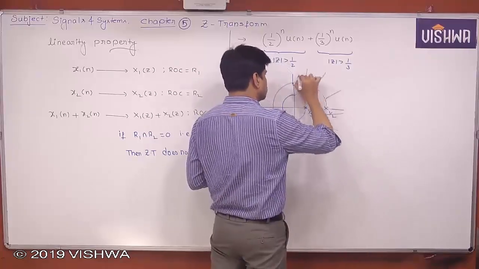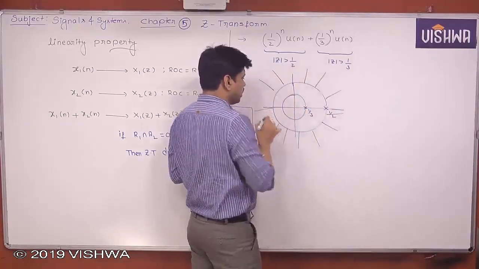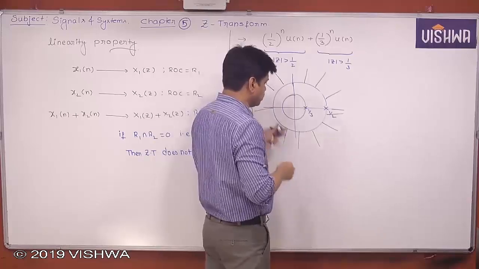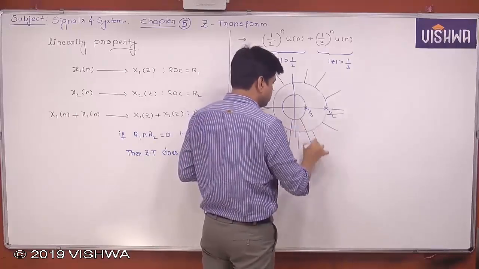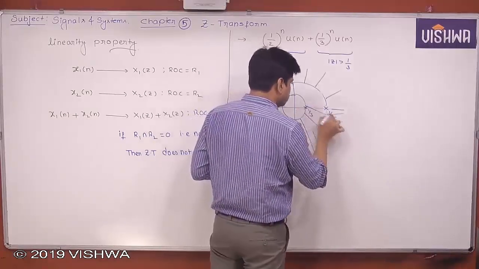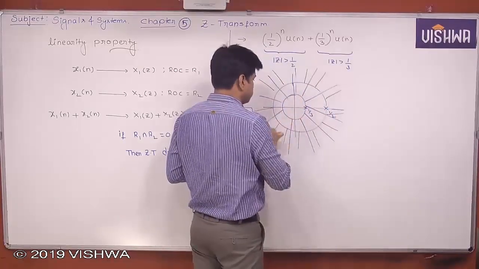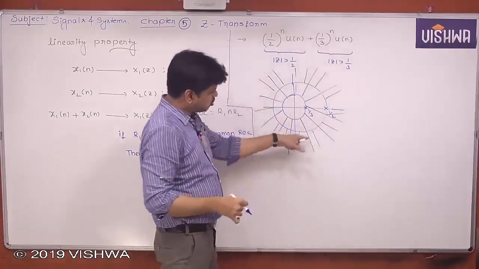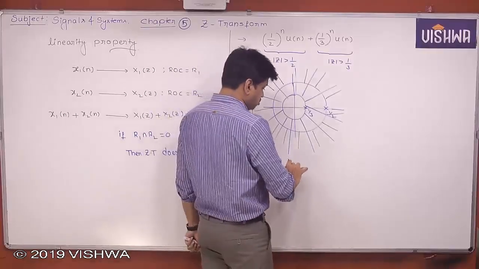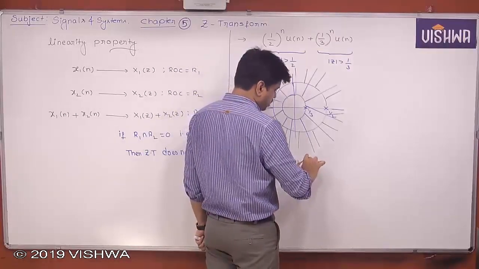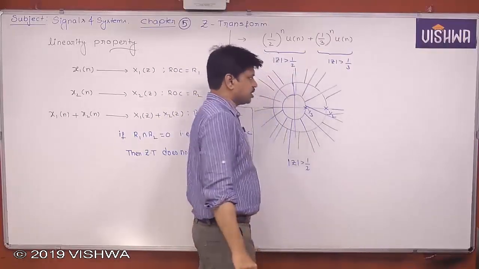This is the ROC, and for mod z greater than 1 by 3, this is the ROC. So what is the common ROC here? Mod z greater than 1 by 2 is the common ROC.